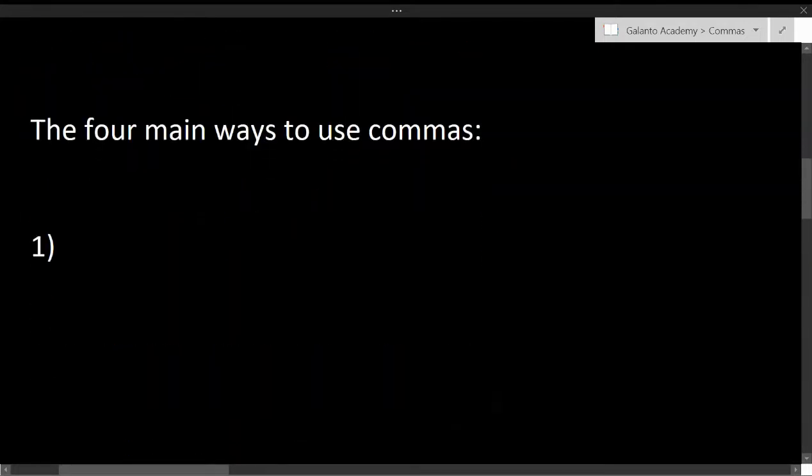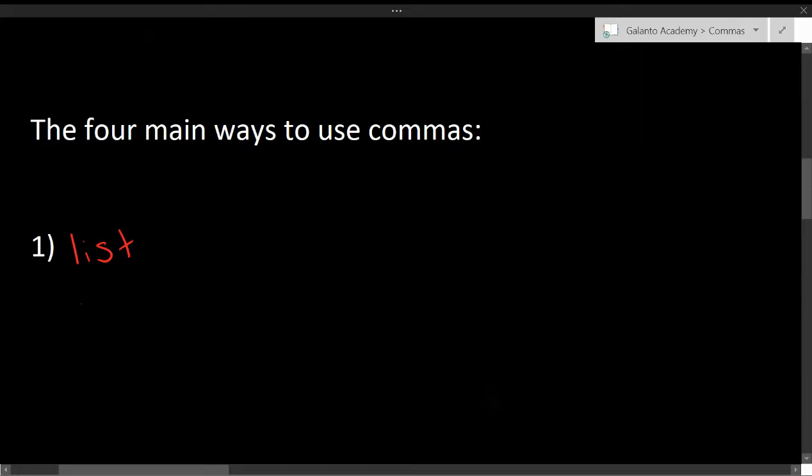So let's begin with one of the simpler ways to use a comma. So it'd be our list. So you can use commas to separate items in a series.